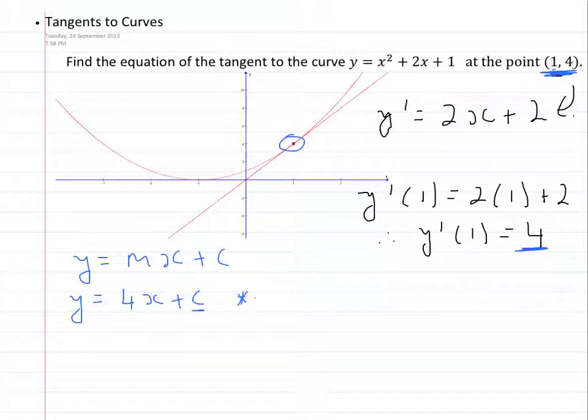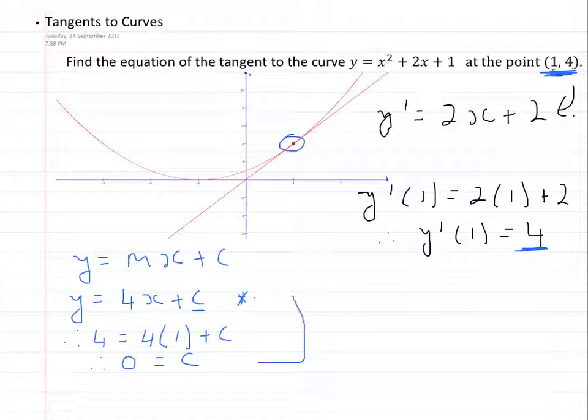Therefore 4 is equal to 4 lots of 1 plus c, and taking 4 from both sides, 0 is equal to c. That means the equation of my tangent is y equals 4x plus 0, which is just y equals 4x. So that's our first example.